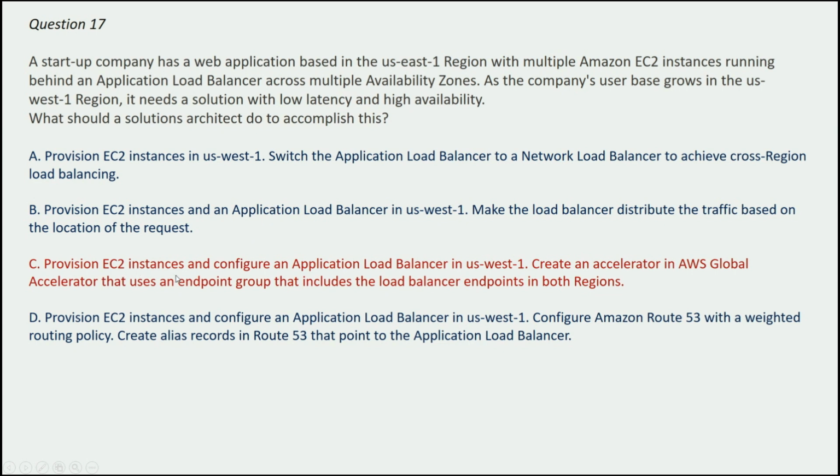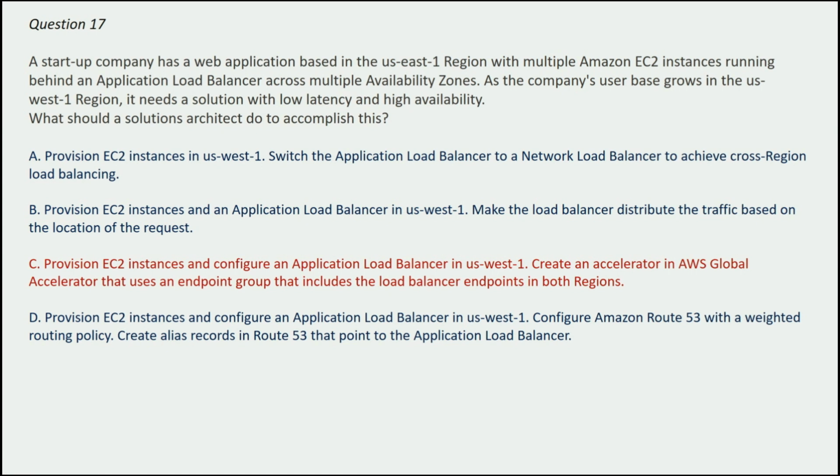Provision EC2 instances and configure an Application Load Balancer in US West 1. Create an accelerator in AWS Global Accelerator that uses an endpoint group that includes the load balancer endpoints in both the regions. So why are we doing so?